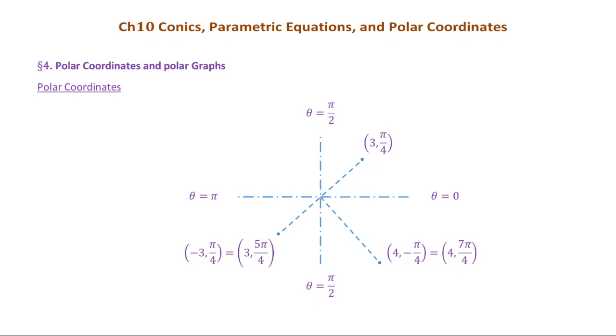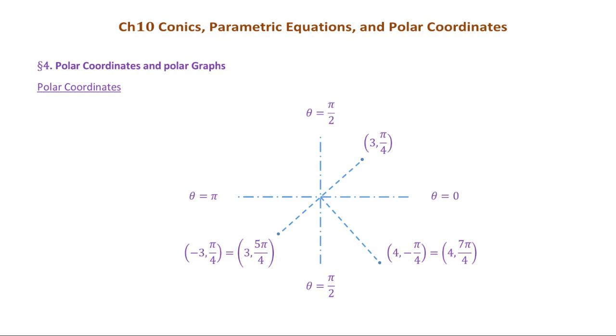You rotate the point 180 degrees and get the same point in the third quadrant. In this case, you don't change the value for r. It's still 3, but you add pi, or 180 degrees, to pi over 4. So pi plus pi over 4 is 5 pi over 4. So this point can be represented either by (-3, pi over 4) or (3, 5 pi over 4). They indicate the same point on the plane. All right.